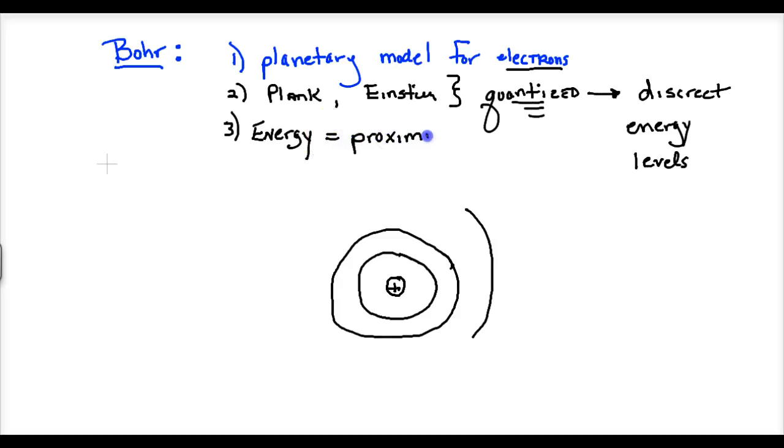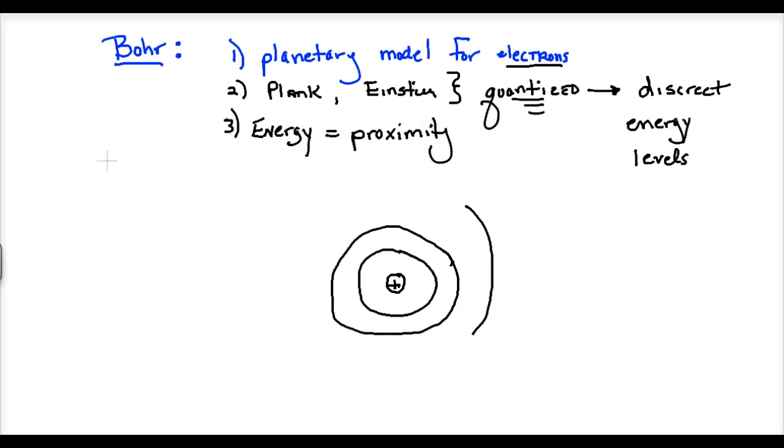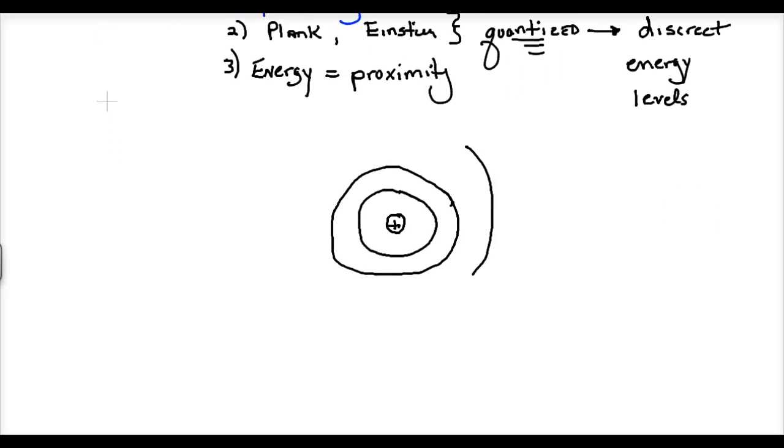Proximity is a nice word that describes how close you are to something. For instance, if I have electrons that are existing, let's say in the first orbit, they have lower energy than electrons that can exist in, let's say, the third orbit.